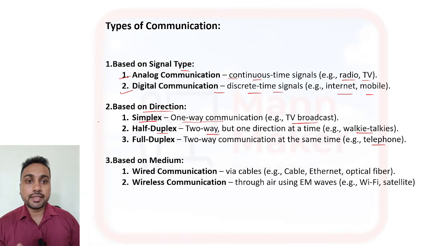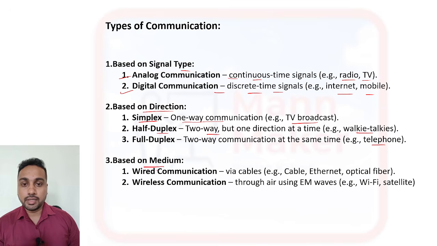Suppose I say something mistaken, you can't reply to me. But if we do live classes, that is full duplex communication. There you can also give the answer whatever I ask. It means at a time we can transmit and receive the signal. So these are based on direction.